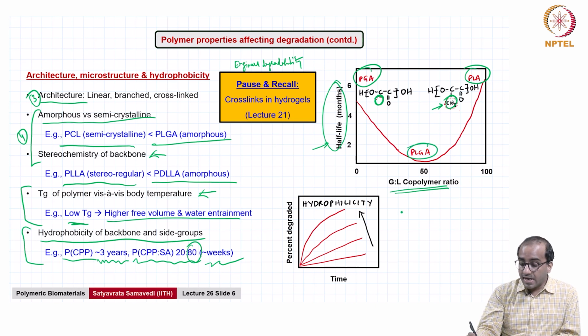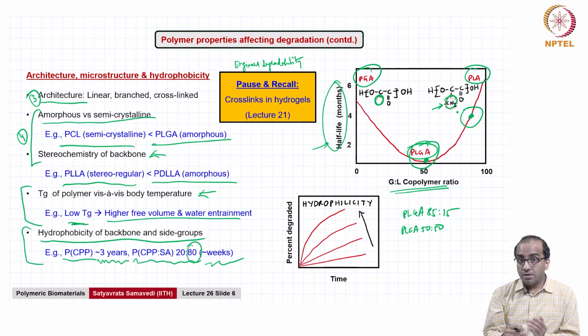So, PLGA 85:15, which would be somewhere here, is going to degrade slower than PLGA 50:50, which would be somewhere here, right? So, depending on the type of application, you can pick and choose which PLGA you want based on how fast you want it to degrade and how long you want the material to persist.